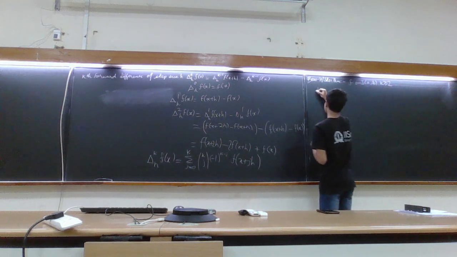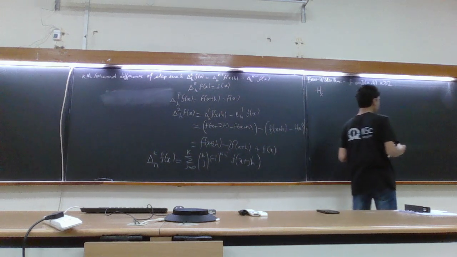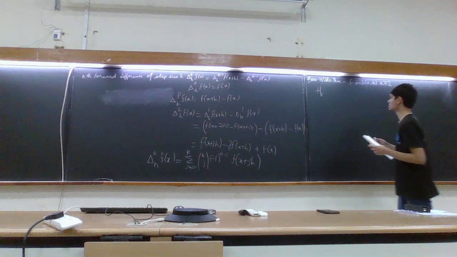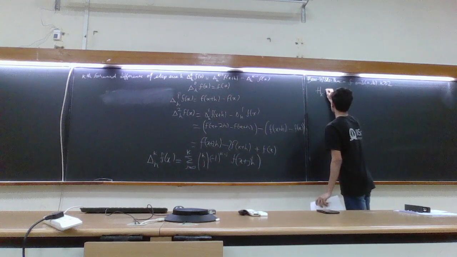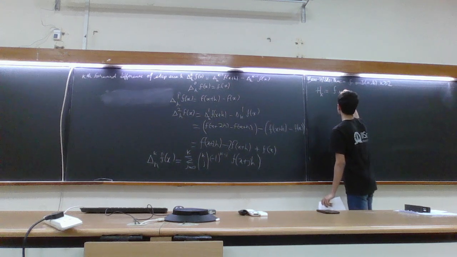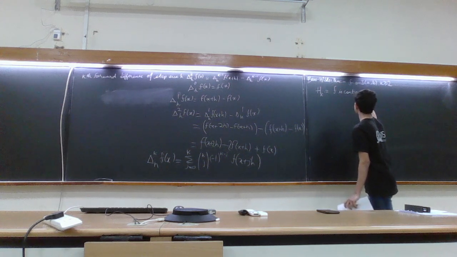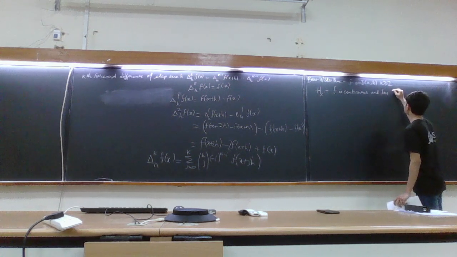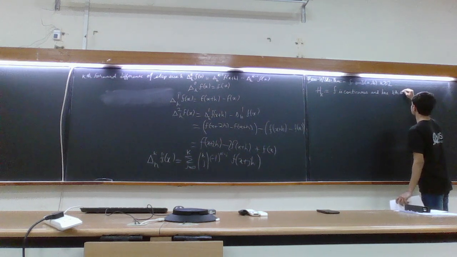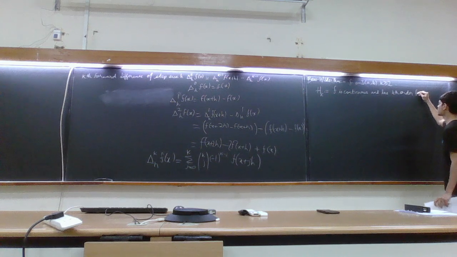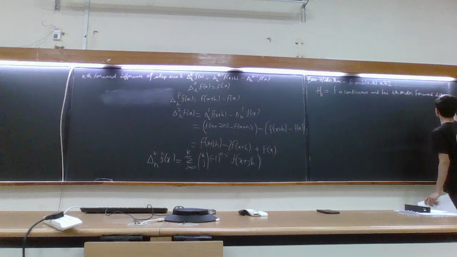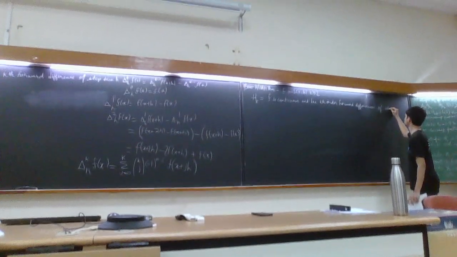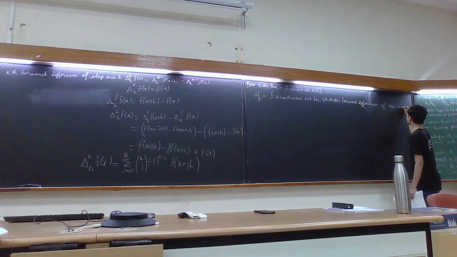There is a hypothesis which this function satisfies, and we shall call that hypothesis for the rest of this talk H_k, and that hypothesis is: f is continuous and has kth order forward differences of step size h.